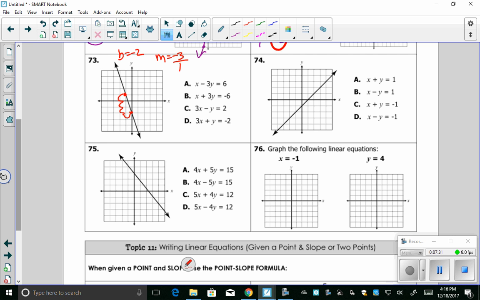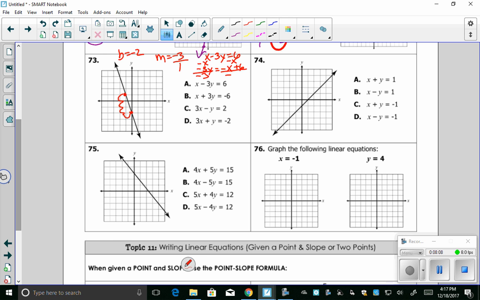None of my problems give me the equation in slope-intercept form. They're all given in standard form, so I'm going to change them to look like slope-intercept. If I have x minus 3y equals 6, and you'll probably need to get out some extra scratch paper because you might run out of room, solve for y. Subtract x, so I get negative 3y equals negative x plus 6.